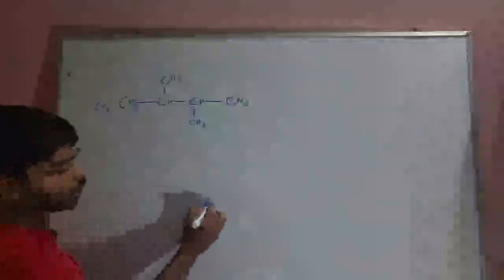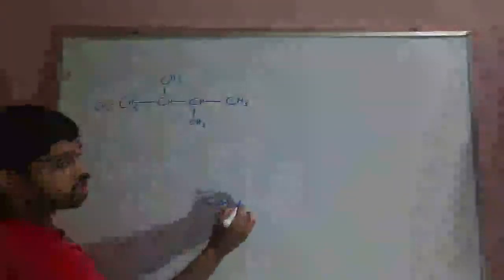So in this case, the sum of locants rule gets followed. The sum of locants rule gets followed. That means if the longest continuous carbon chain contains more than one substitution group, then the sum of their locants should be minimum.